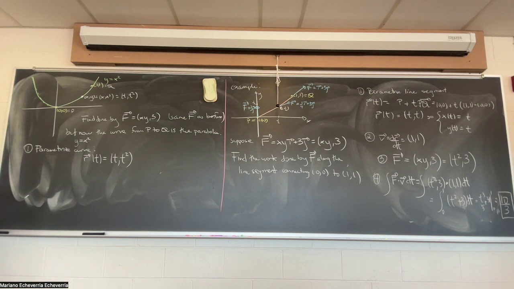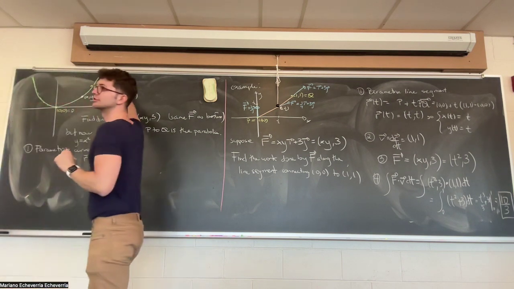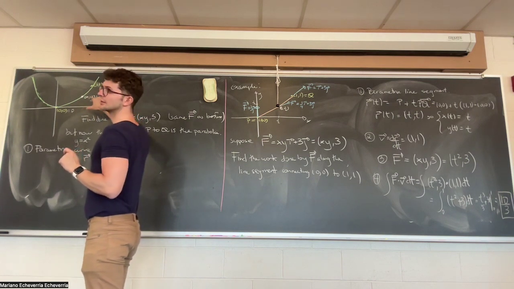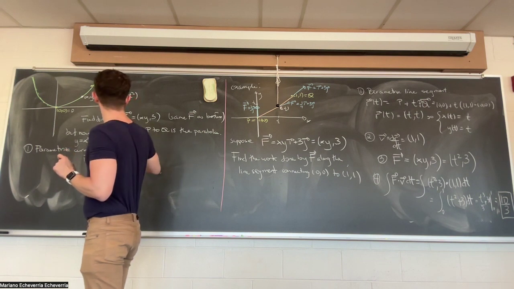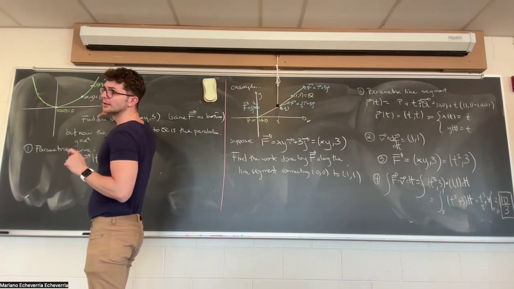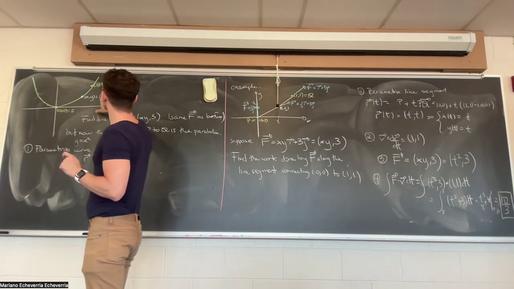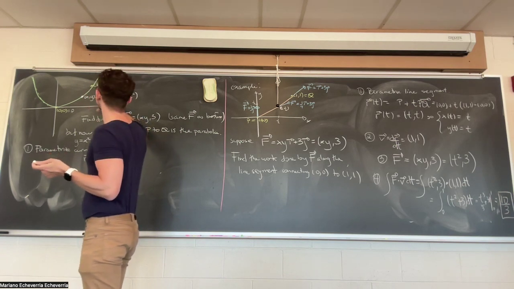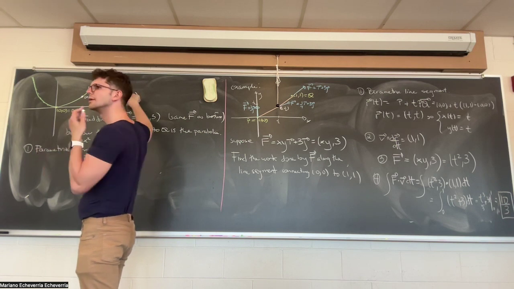So the thing is, the parabola is y equals x squared, right? So the second coordinate is the x squared. Everything depends on x here. I'm just saying to relabel or call x t. And so the second entry is the one that becomes t squared.